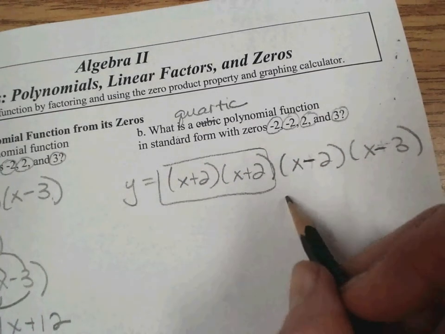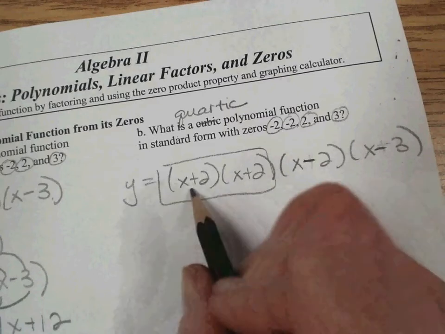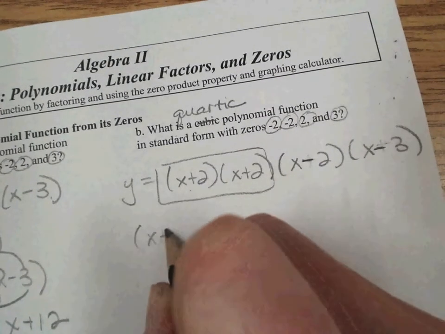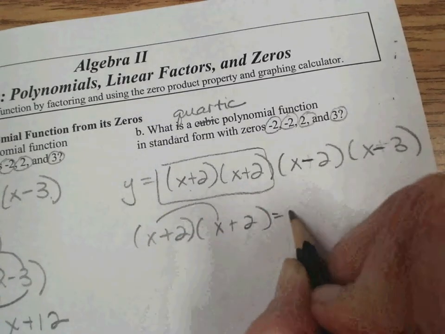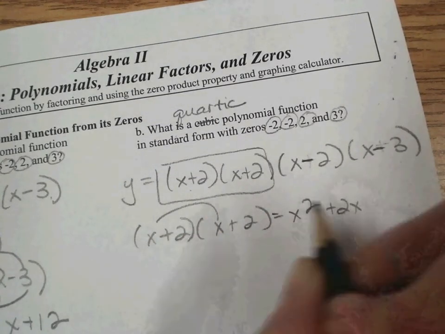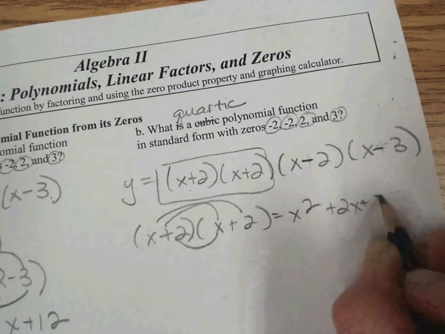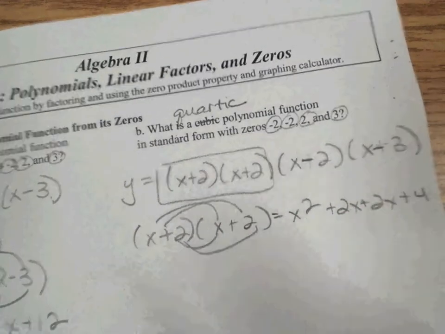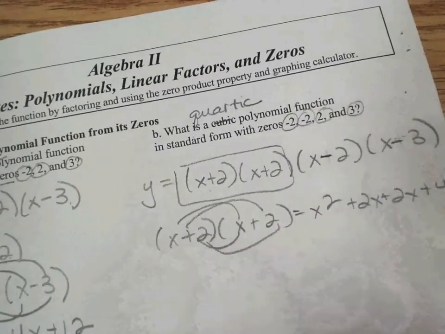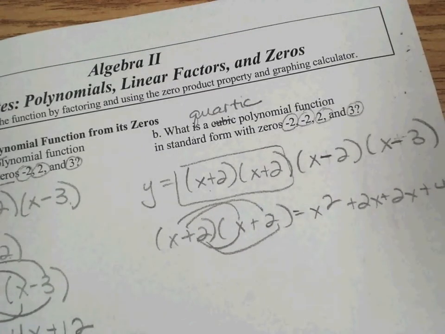So next, we're going to go ahead and distribute. So x plus 2 times x plus 2. Doing 2 at a time works best. We get x squared plus 2x plus 2x plus 4. And then we'll do these two.